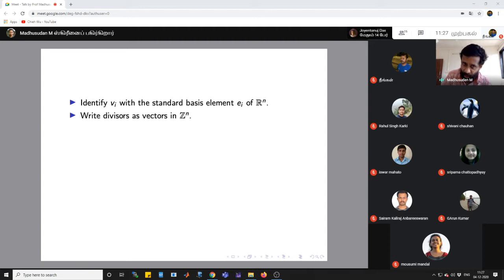So divisors are in one-to-one correspondence with the elements in Zn. So giving a divisor is the same as giving a vector in Zn, once you fix an ordering on the vertices and identify the vertices with the standard basis elements. So all I'm saying is something very, very simple here.